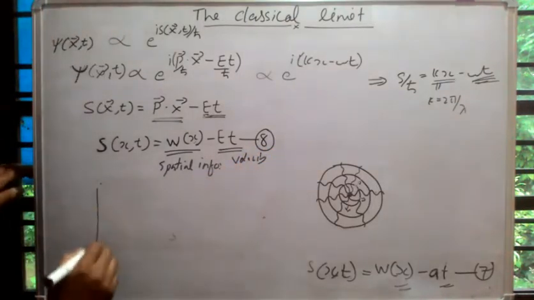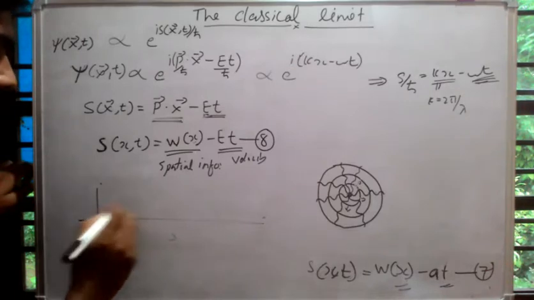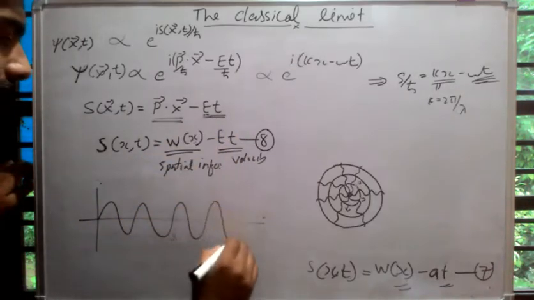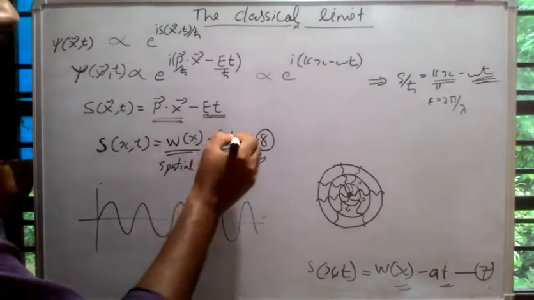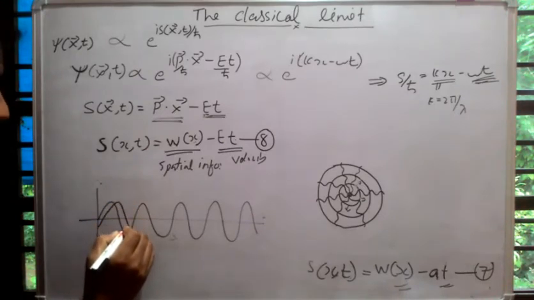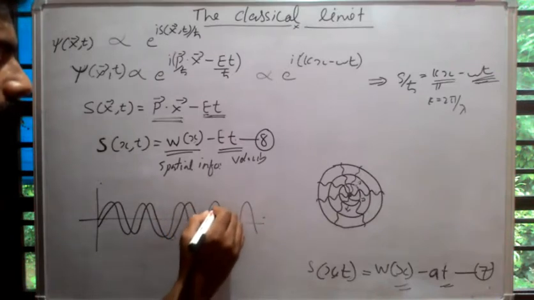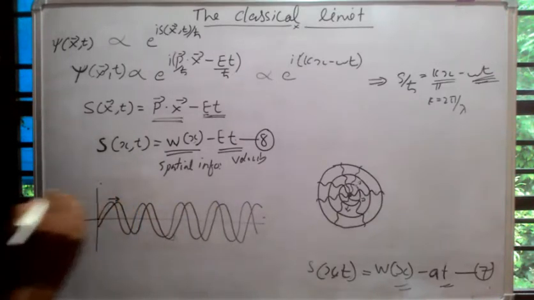So I can draw a sinusoidal wave. At a particular time, this wave will look like this. After a time t, this traveling wave will move like this, which means the wave is traveling in this direction.